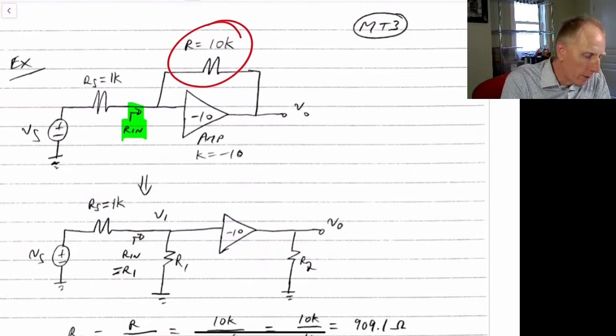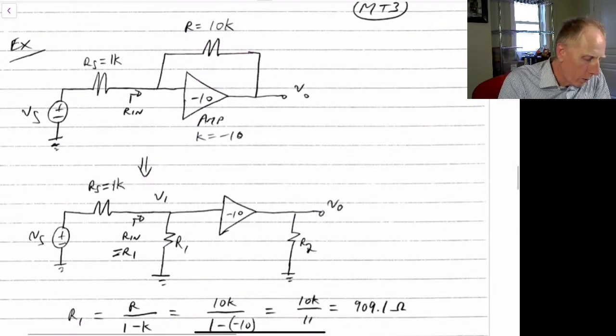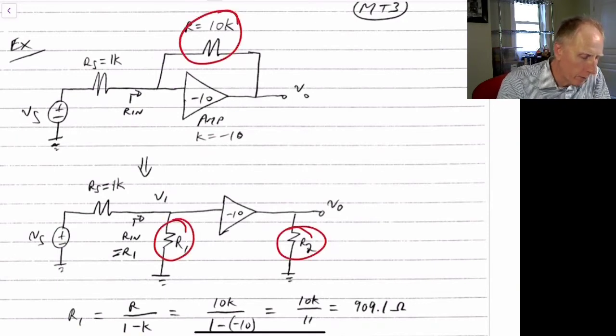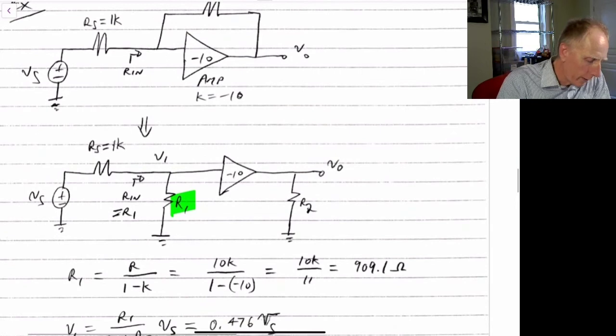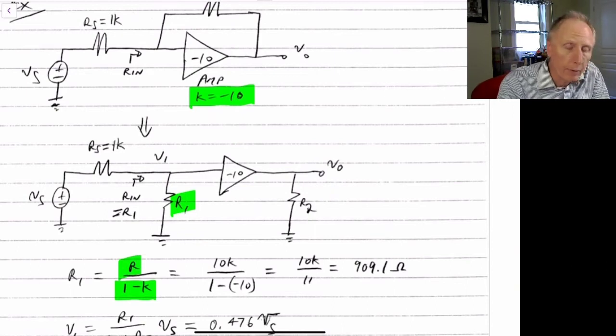By using the Miller effect, or Miller theorem, we can replace this resistor by two resistors, R1 and R2. In this case, R1 will equal the original resistor R divided by 1 minus K, where K is equal to minus 10, because that's the gain of our amplifier, the gain from V1 to V2.